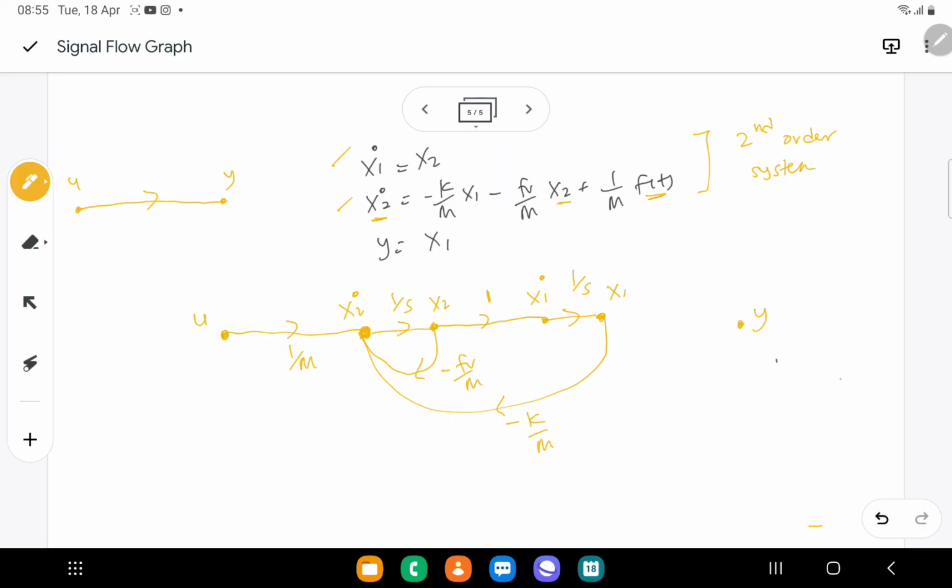Then we have the third equation, y equals x1. So easy for the signal flow graph, inshallah.